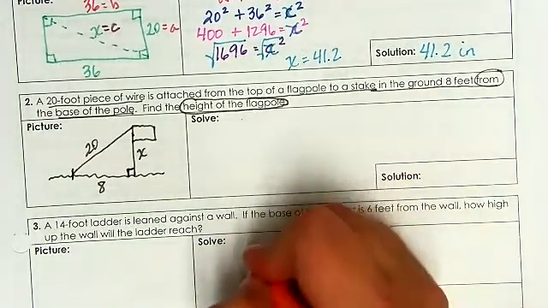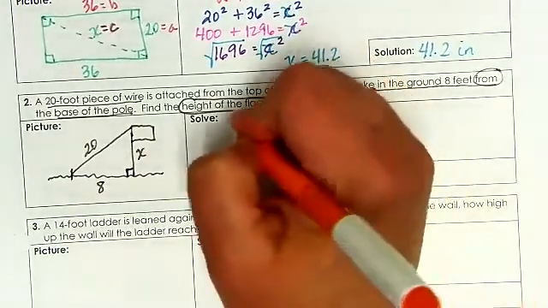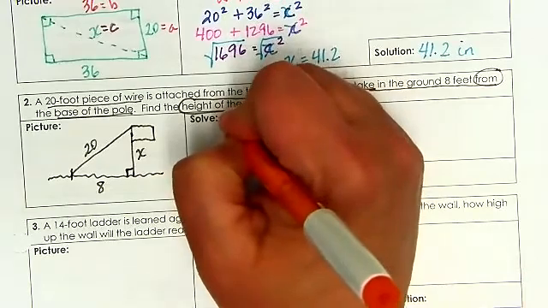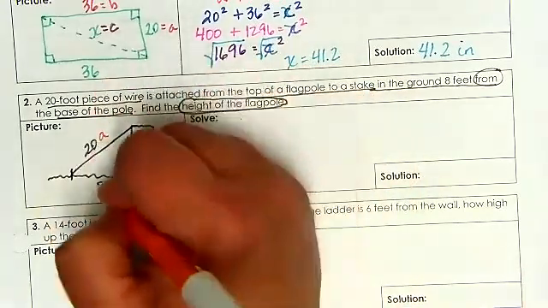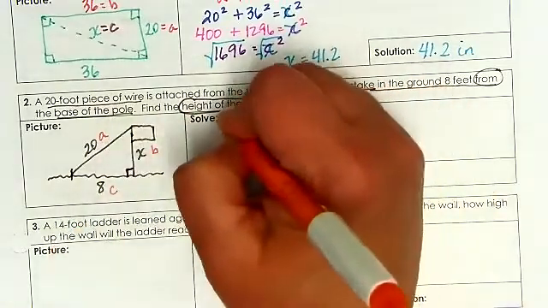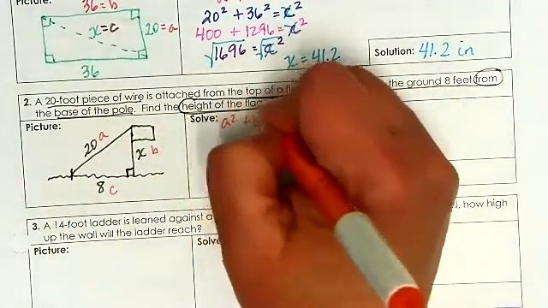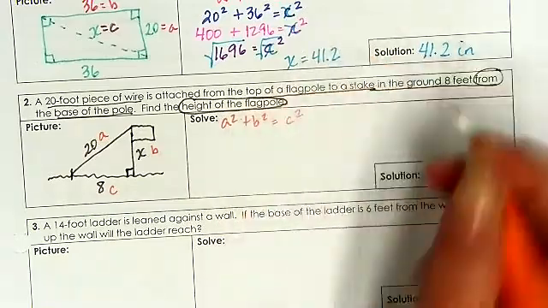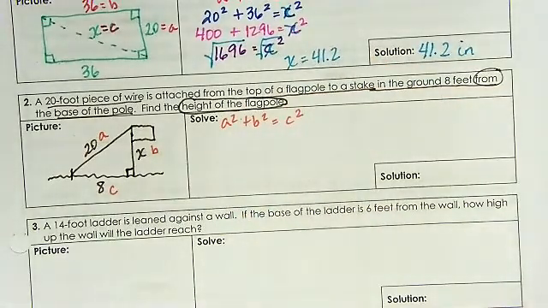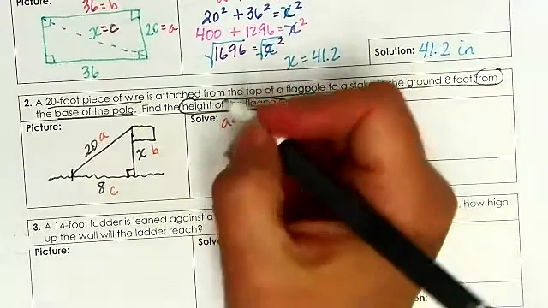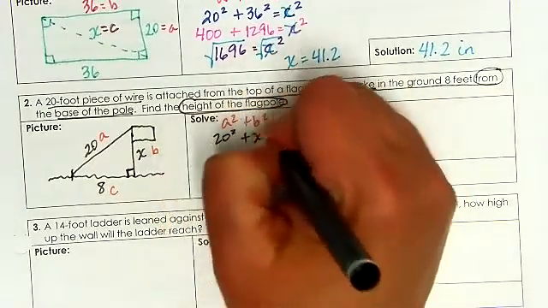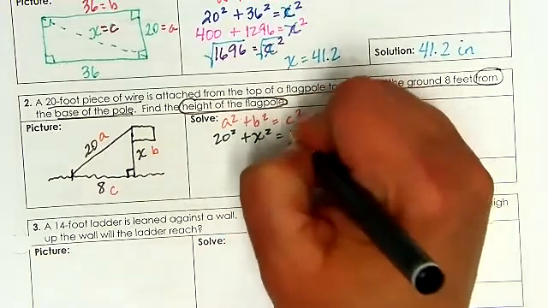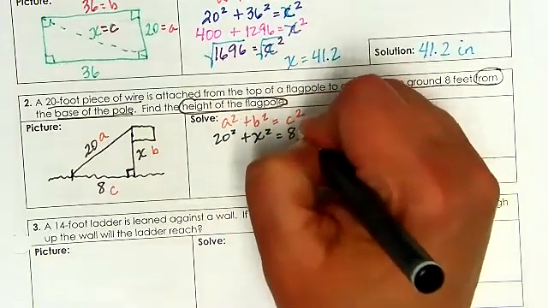Okay, so we're plugging into the Pythagorean theorem. So we're going to say this is A, B, C. So we have A squared plus B squared equals C squared. Plug them in. So I'm going to have 20 squared plus X squared equals 8.